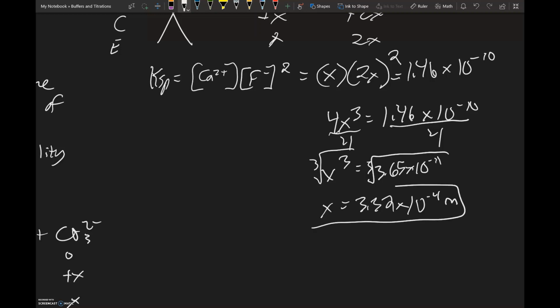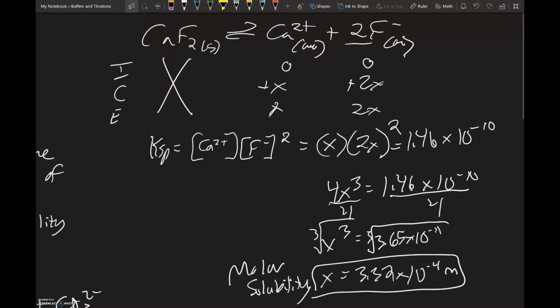So this represents the molar solubility for calcium fluoride. Now, if you wanted to figure out the concentration of the ions, you would take the 2 times x for the fluorine, because there's 2 moles of fluorine for every 1 mole of calcium.